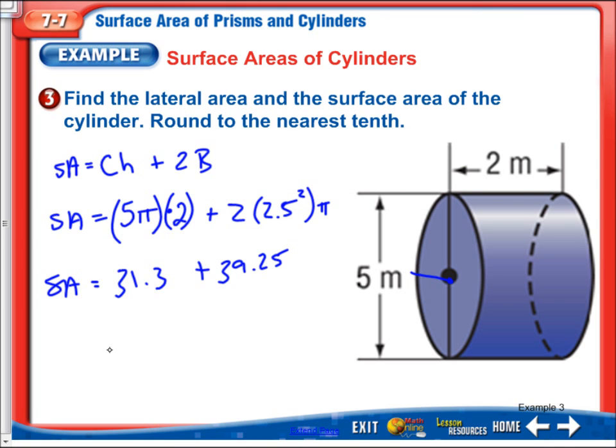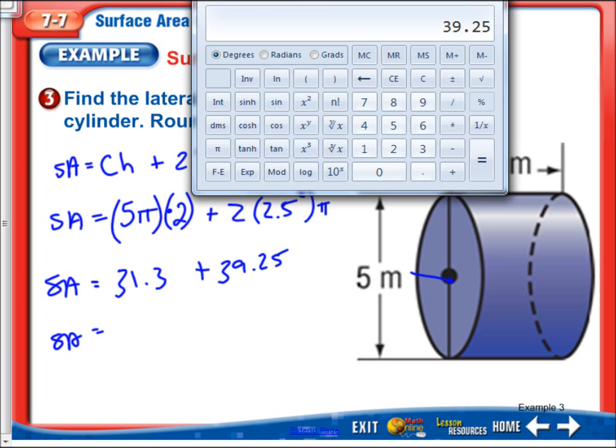So my surface area of the lateral area is 31.3. Surface area of my 2 circle bases is 39.25 for a grand total then of, I'm going to add 31.3 to get 70.55.